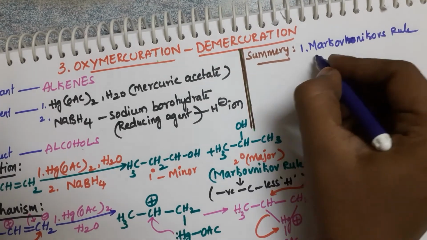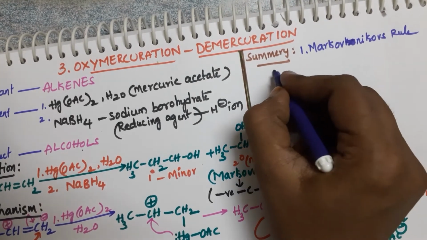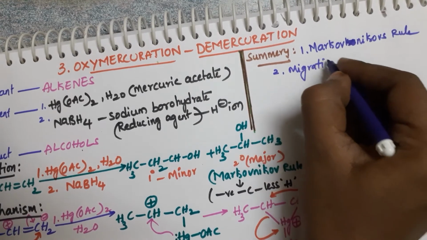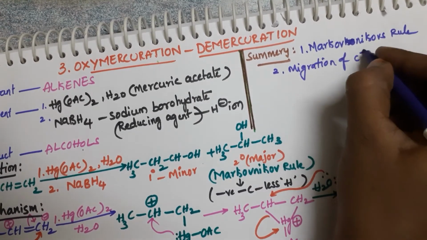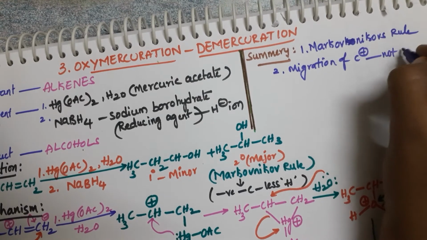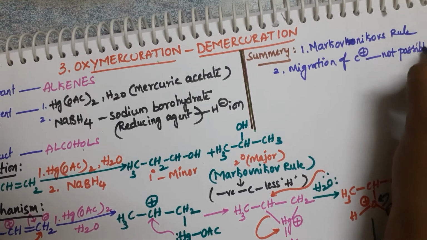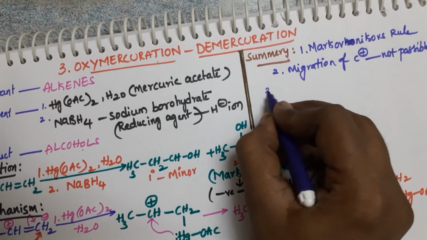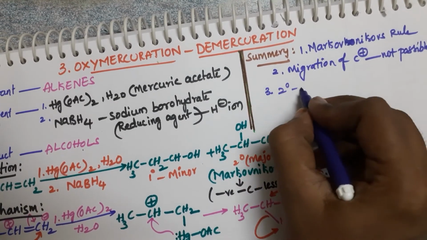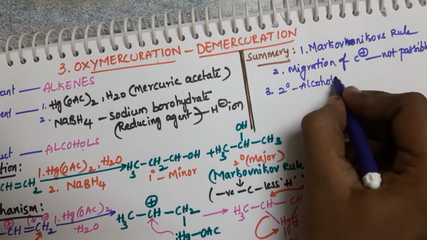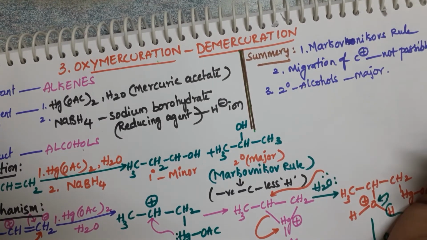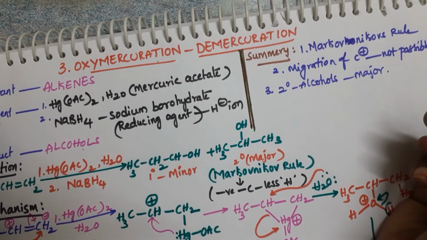Second, migration of the carbocation is not possible. Migration is not possible in this reaction. Third, we get the secondary alcohol as the major product. This is about the third one, the oxymercuration demercuration reaction.